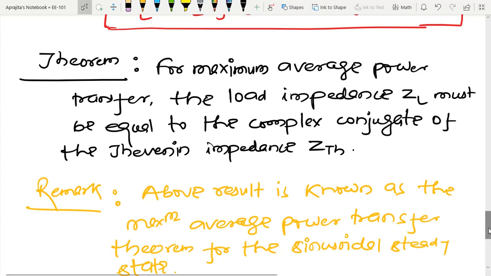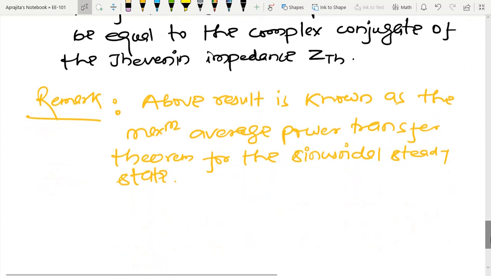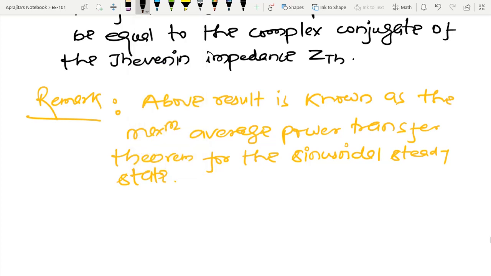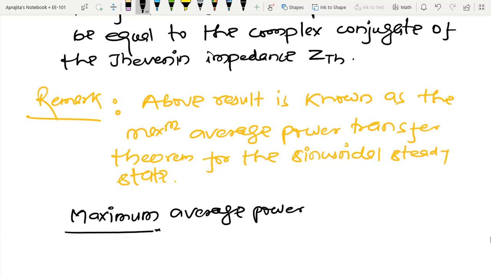And by setting RL equal to RTH and XL equal to minus XTH, I can calculate the maximum average power. So let us write the expression of maximum average power, and that is called P max.